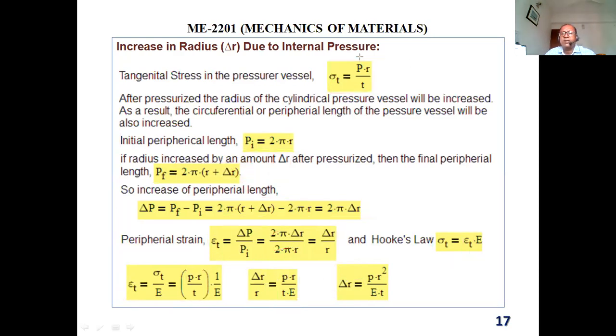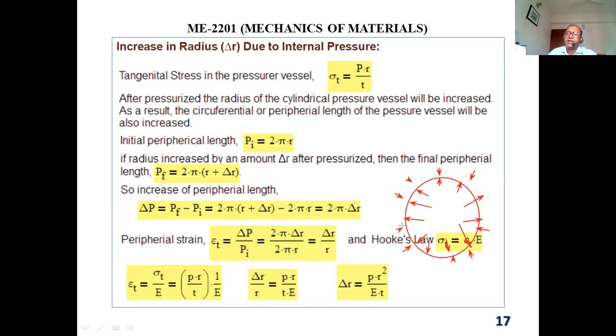Another thing you should remember: a pressure vessel doesn't mean that it will have pressure only inside. That is the normal thing, and it is sometimes true, like a boiler. Outside is atmospheric pressure, inside is boiler pressure. We use the pressure vessel in our car gas cylinder: inside high pressure, and outside it has a little bit of pressure that is equal to atmospheric pressure, right?